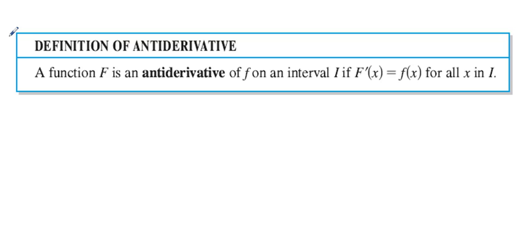The definition of antiderivative: function capital F is an antiderivative of f on an interval I if F prime of x equals f of x for all x in I. What in the world's going on here? So think about this. Capital F is an antiderivative, and you're taking the derivative. So this is the derivative of the antiderivative.